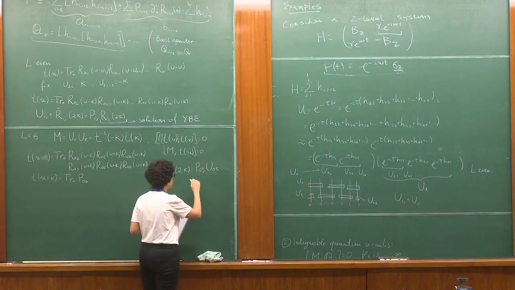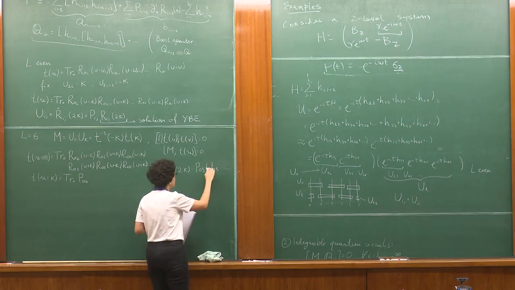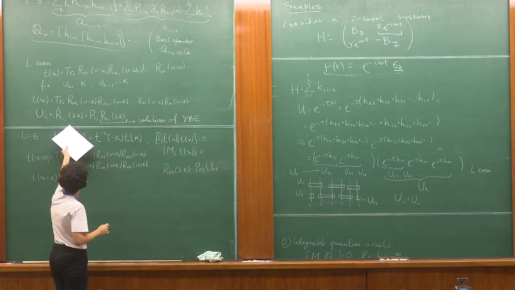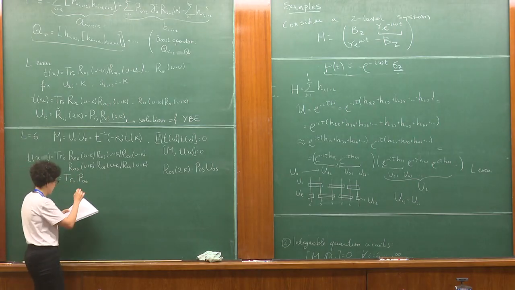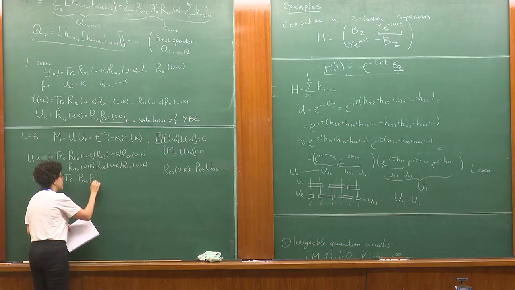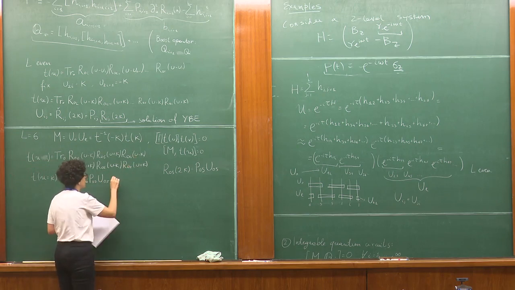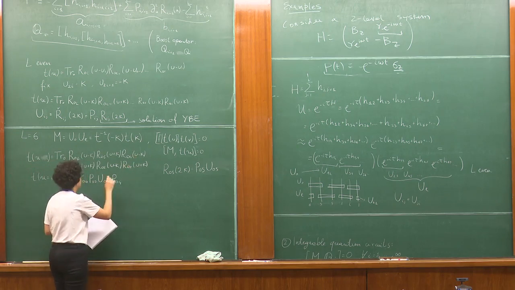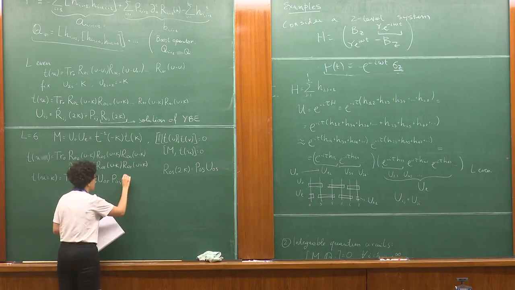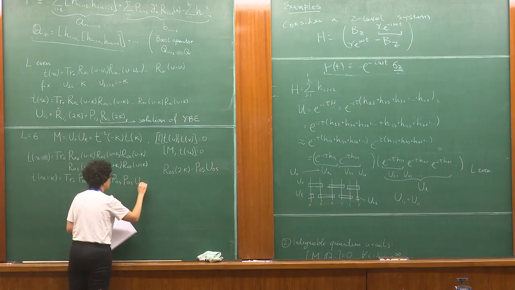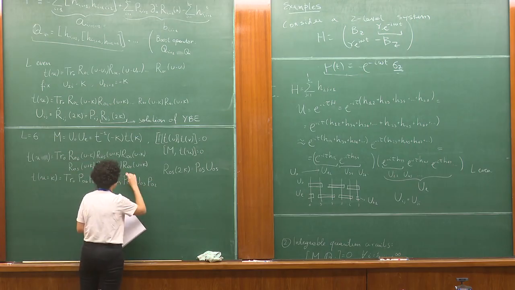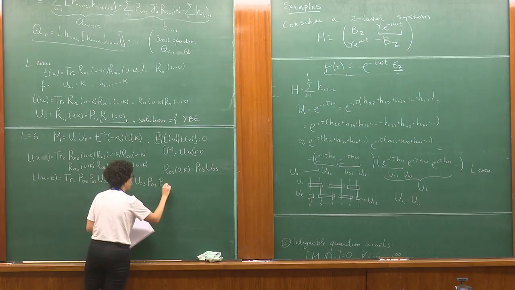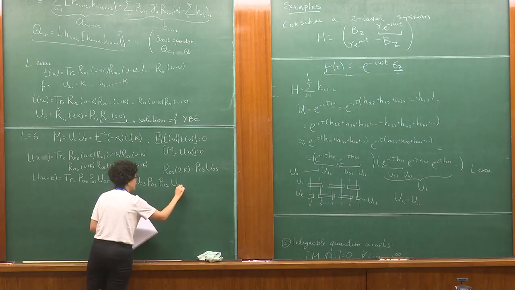I can write it as P05 R check 05, and then I can use R check equal to U. Okay, so this is P05, P05 U05. Then there is this one, which is P04. Then there is P03 U03. Then there is P02. And then there is P01 U01.